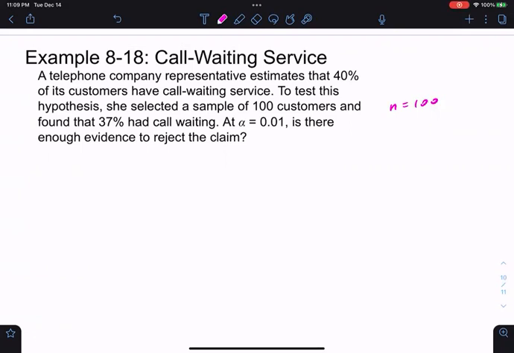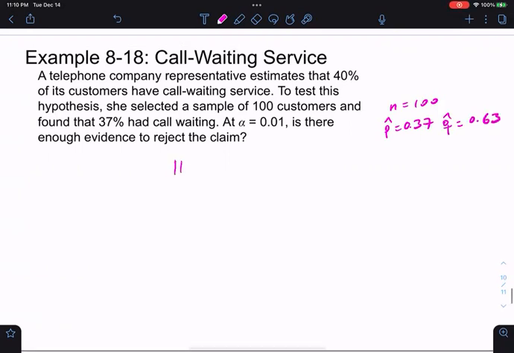So for the sample of 100, this is the p hat. The p hat is 0.37 and the q hat should be 0.63. And now we need to state the null hypothesis and the alternative hypothesis.